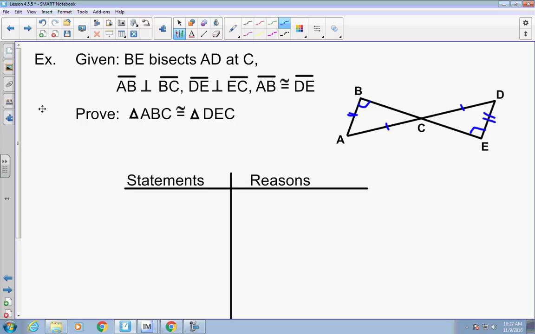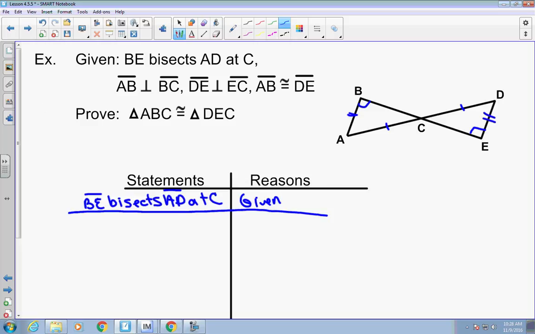That's given to me. So is that enough information to prove the triangles congruent by HL, hypotenuse leg? Okay. So BE bisects AD at C, and that's given to me.